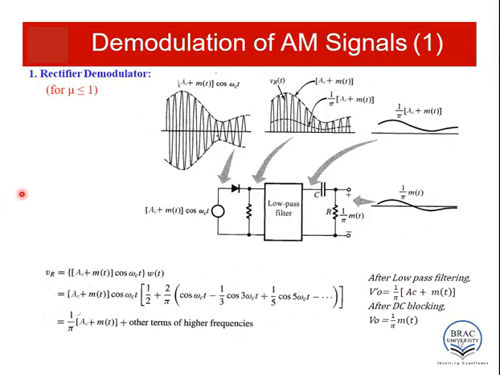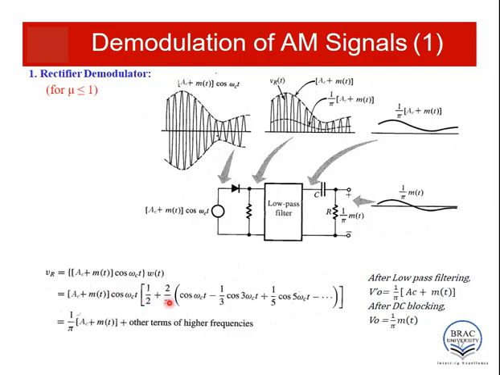Now we will talk about recovering the message signal from the modulated signal. The first circuit for doing this is the rectifier modulator. The circuit diagram is shown here. The input is the modulated signal which is passed through a diode. So like the previous slide, the modulated signal will be multiplied by w(t).